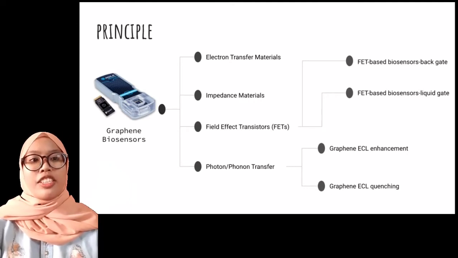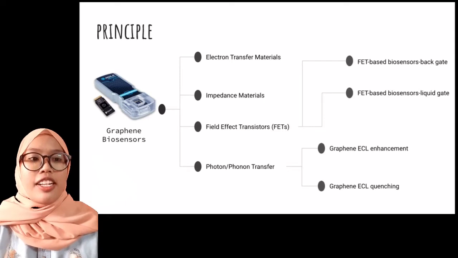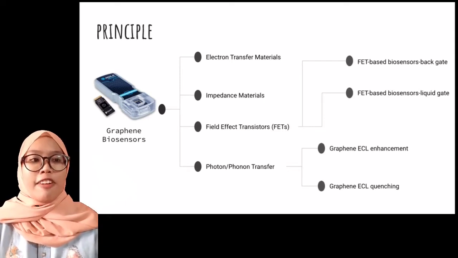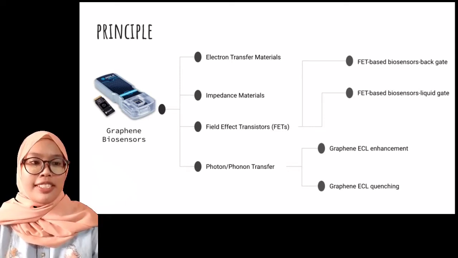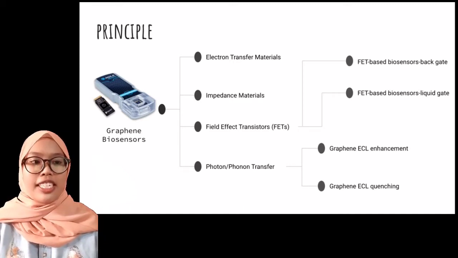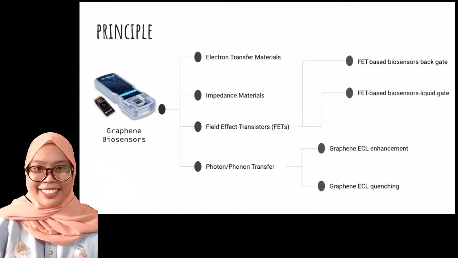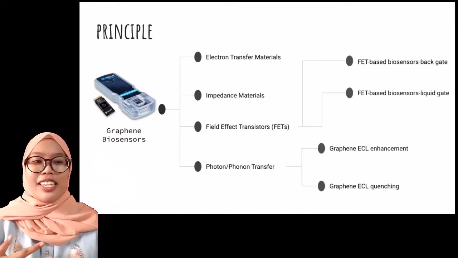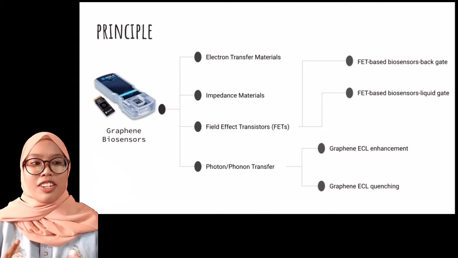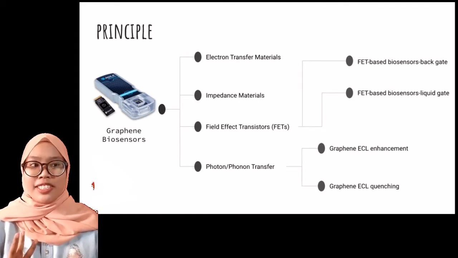Next, we are going through the principles of graphene biosensors. Here we have 4 principles of graphene biosensor. First one is electron transfer materials. Second one is impedance materials. Next is field effect transistor, which is called FETs, and photon-phonon transfer.